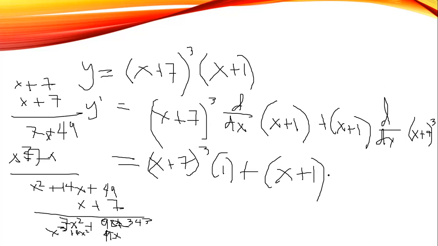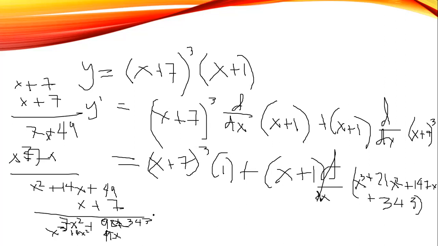So we put here, multiplied by the derivative of x cubed plus 21x squared plus 147x, plus 343.